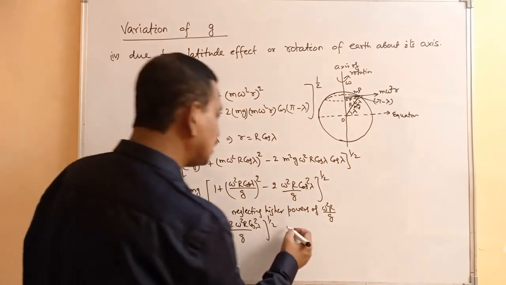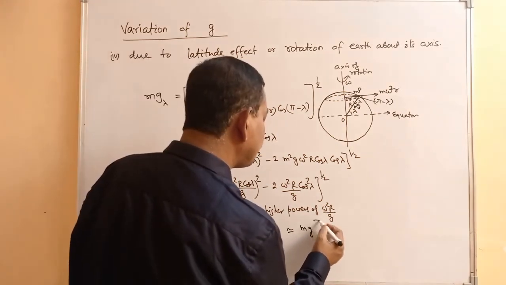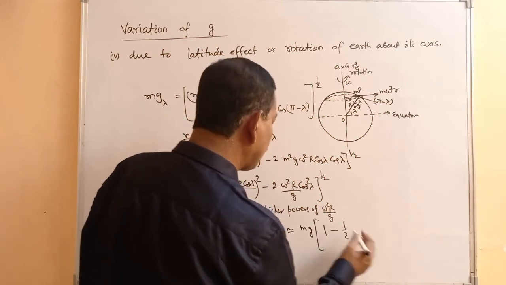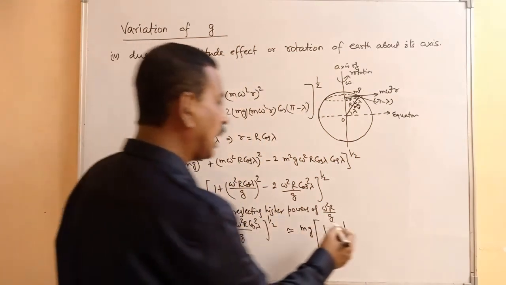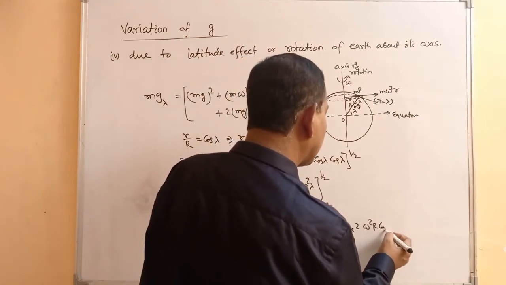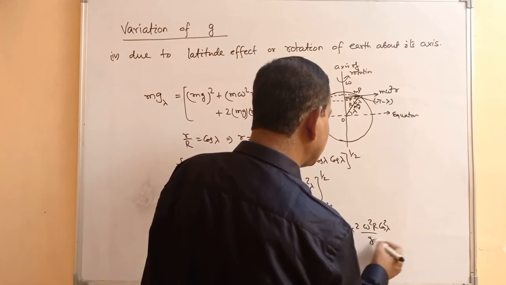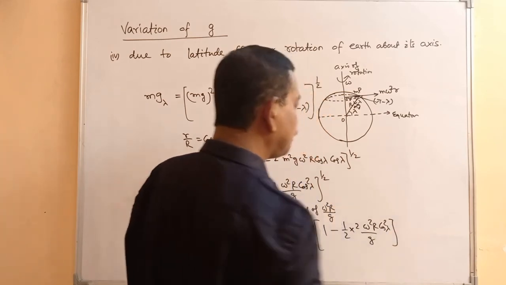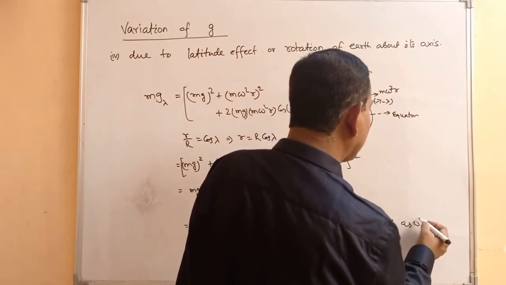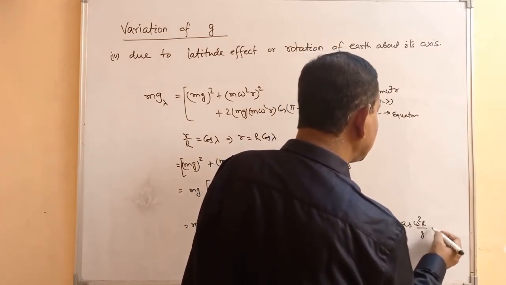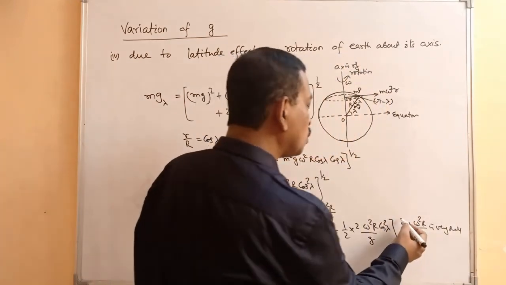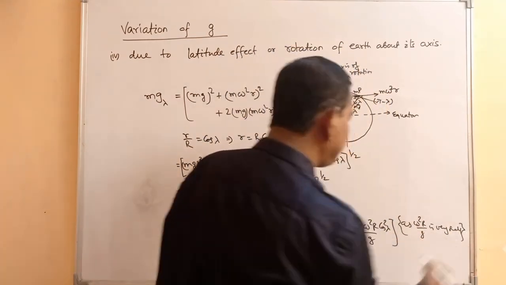So this is nearly equal to mg, 1 minus, half into 2 omega square r cos square lambda by g. Why? As omega square r by g is very small, so we can substitute it here.